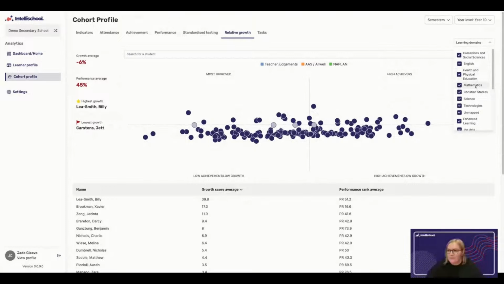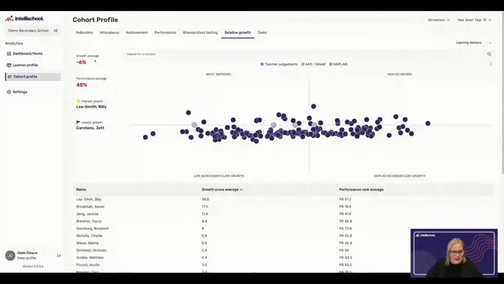Now, over on the left-hand side here are these insight cards that I mentioned as well. So what we are highlighting here is growth average across the cohort, across a given time frame, and across all subject areas. Same for performance average, who our highest grower is in this given cohort, and then who the lowest grower is.